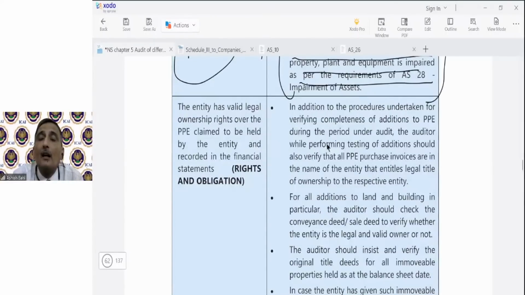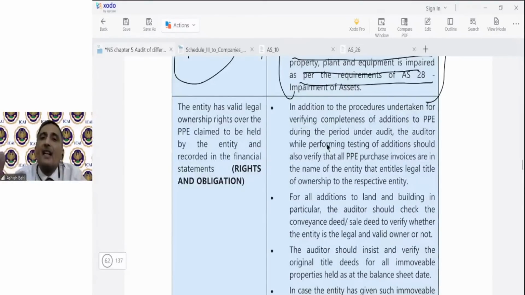So it gives you the comfort that the company is the legal owner of that machinery, that the company has a legal right over that machinery. Similarly, in case of a building, if a building is constructed by the company, then all bills should be in the name of the company.